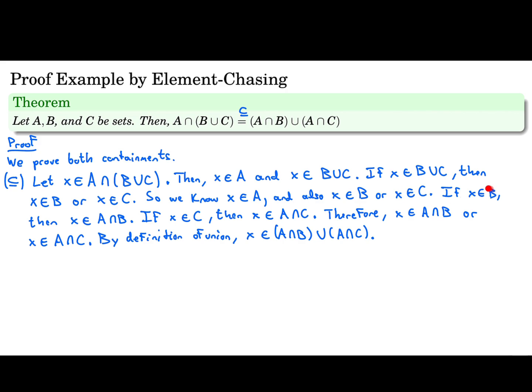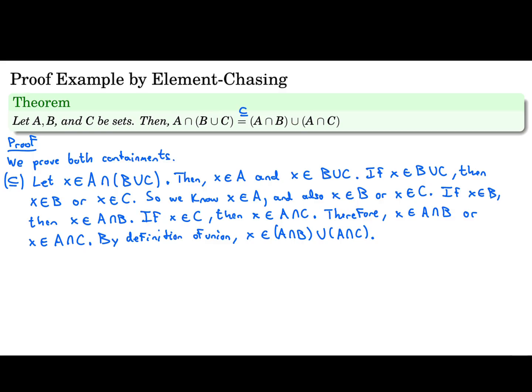Now, if X is in B, then X is in A intersection B, because X is always in A, and so if it's in B, then it has to be in both. If X is in C, since X is always in A, then it also has to be in both. So these two cases are telling you that X has to be in A intersection B or in A intersection C. But then by the definition of union, X has to be in the union of these.